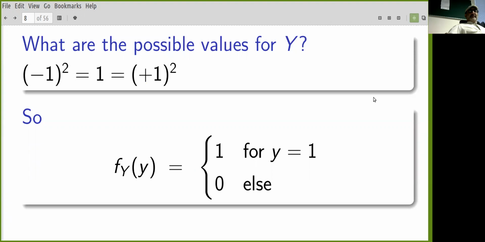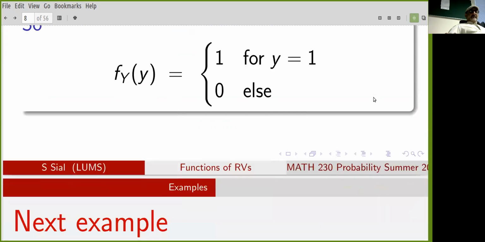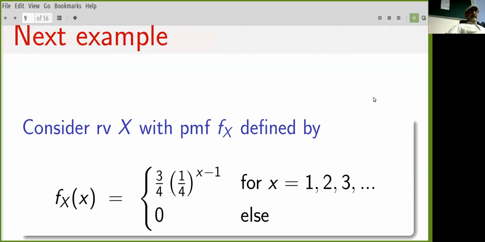Okay, so y equals x squared is an example of a function of a random variable. And if we know the PMF or the PDF for x, then we can try to find the PMF or the PDF for y equal to some function of x.